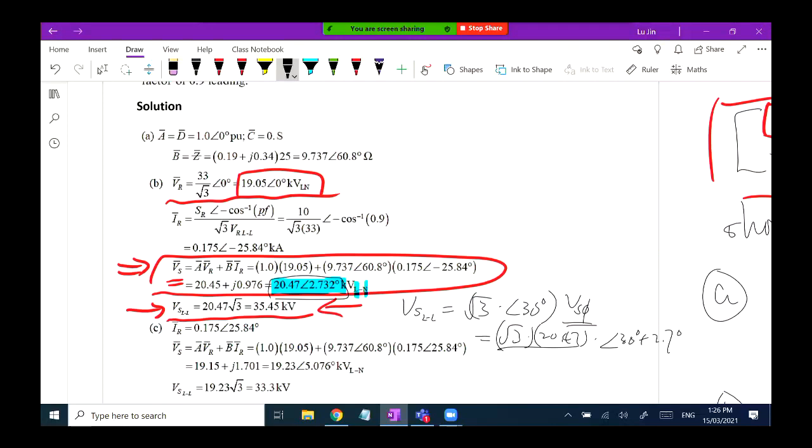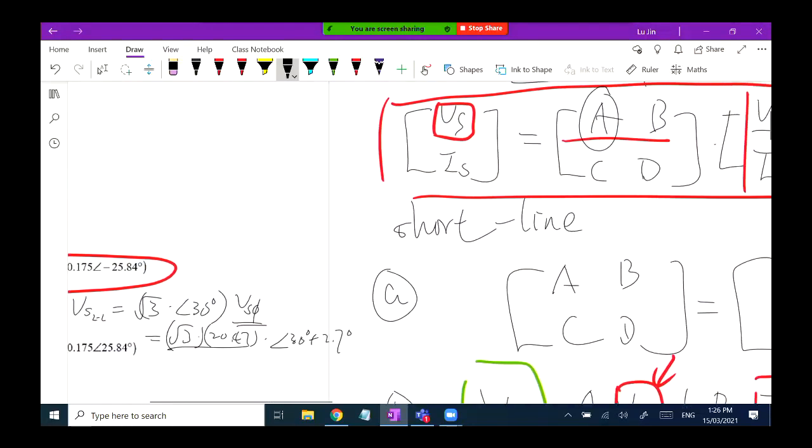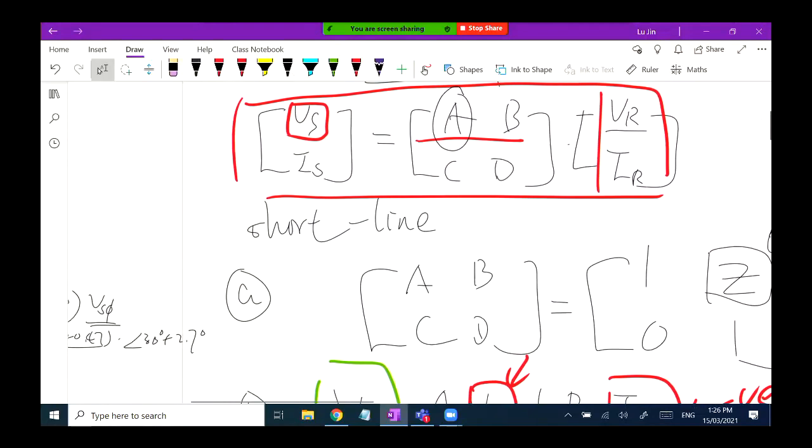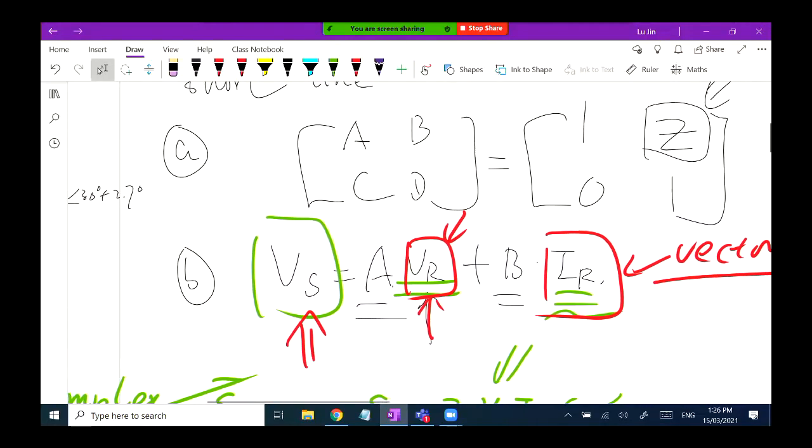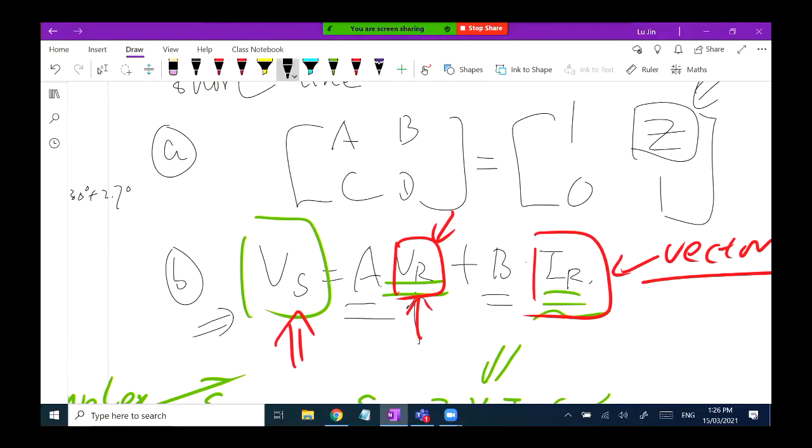Go ahead, please. Hold on, slow down here. ABCD model. So we want to solve the VS using this formula. Do you mean that? You don't have to.